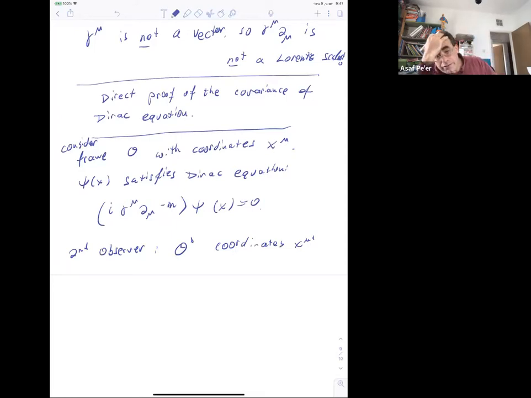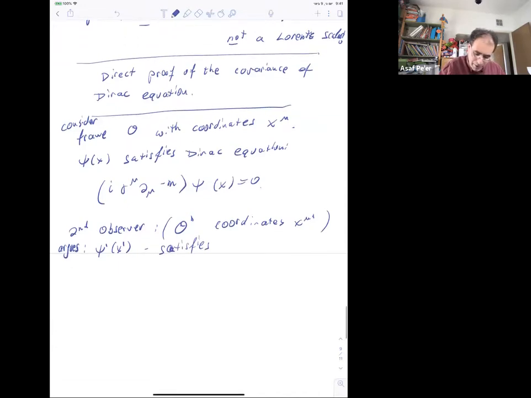The second observer would argue that the wave function as he sees it, psi prime of x prime, must satisfy an equation of the same form: I gamma mu d mu prime, since it's a new coordinate, minus m, psi prime of x prime is equal to 0. Gamma mu is not changed because it's just numbers.